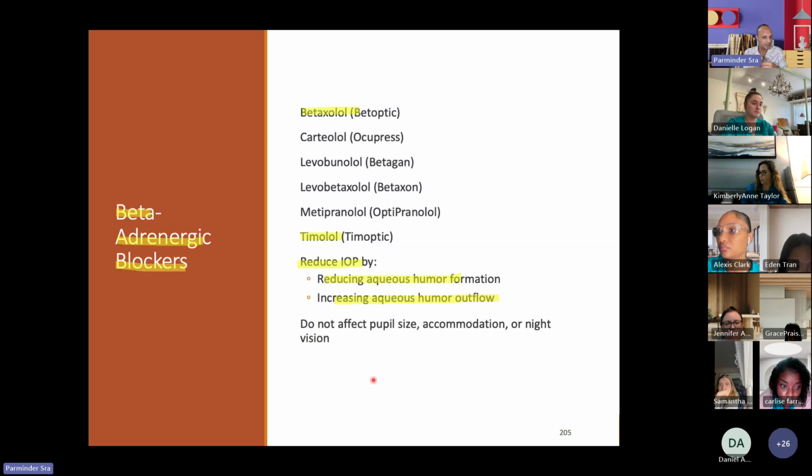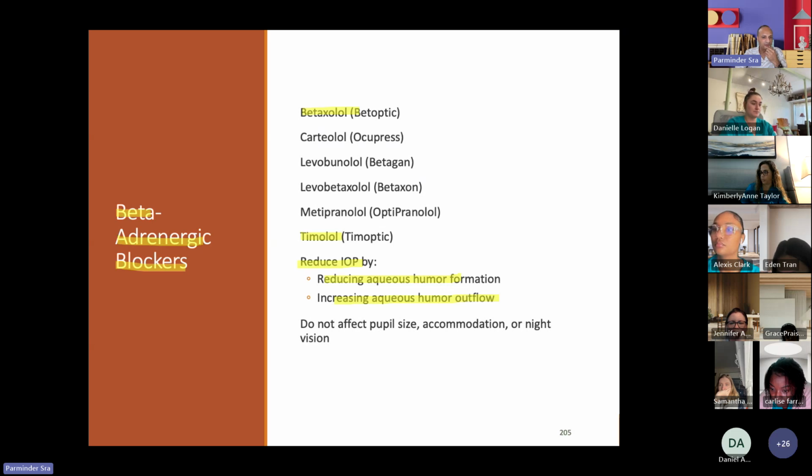So it decreases the production as well as increases the outflow, resulting in lower intraocular pressure. Example, timolol. Timolol is one of the most common ones used, and there are other ones as well. Timolol reduces the production and increases the outflow. These things are important to know.